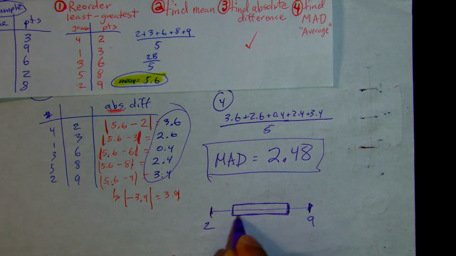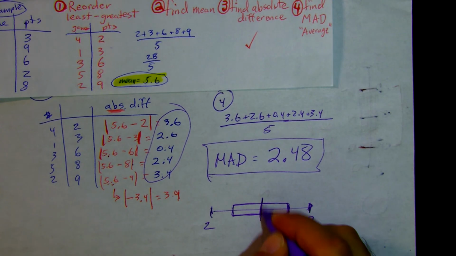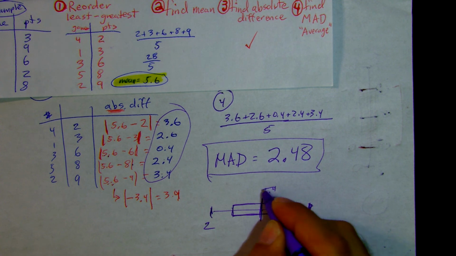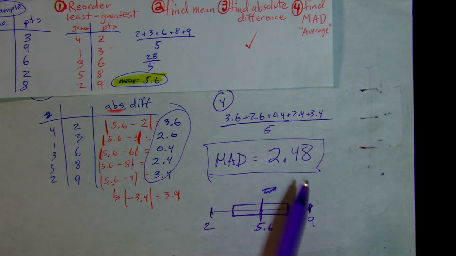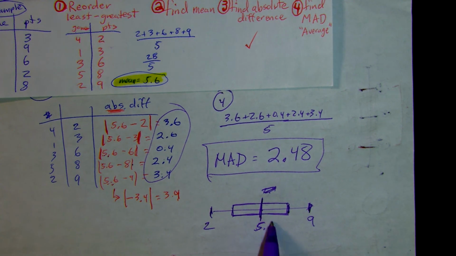More about that later. Here is the average of 5.6. And what it's saying is the average deviation from this average of 5.6 is 2.48 in both directions.